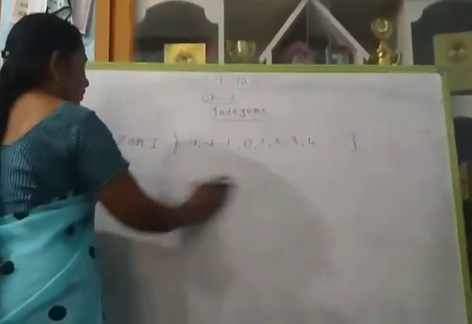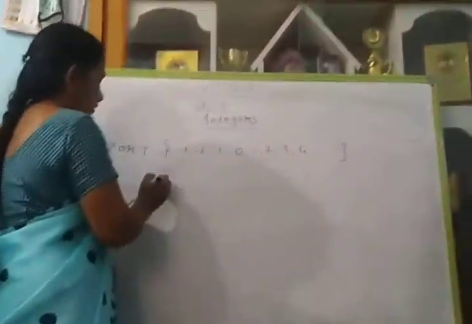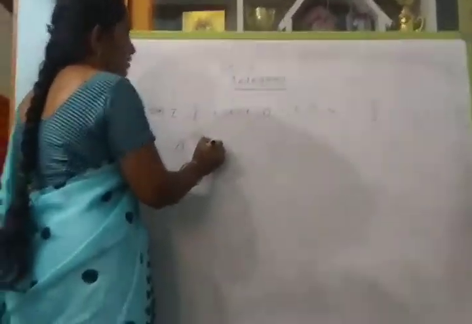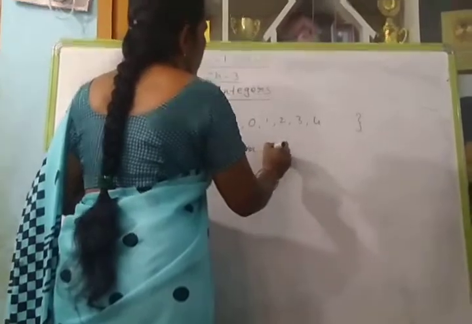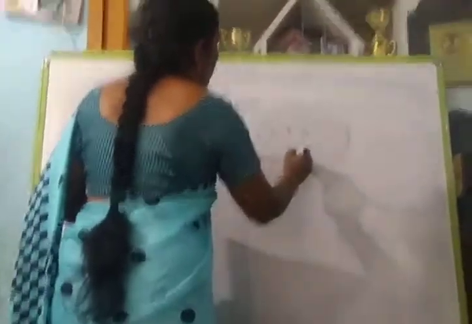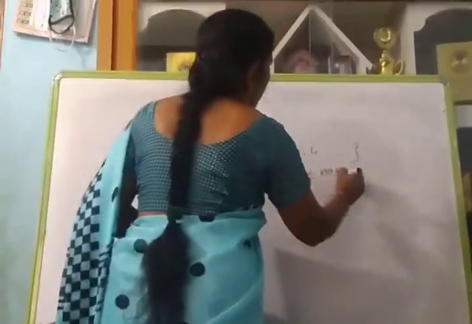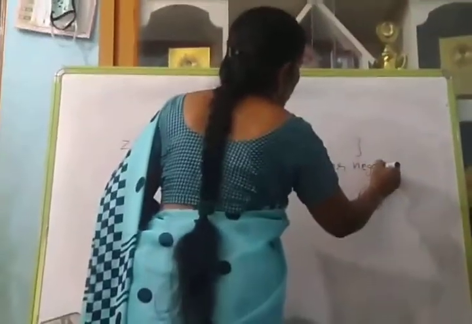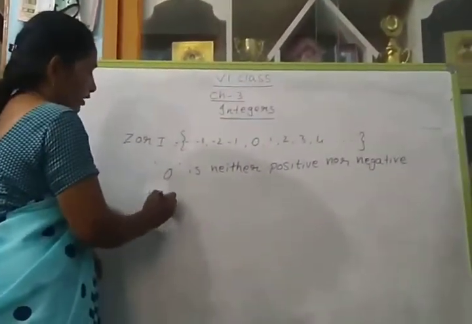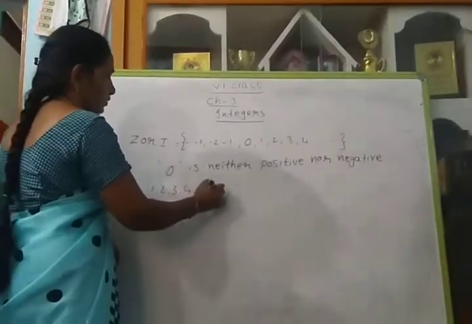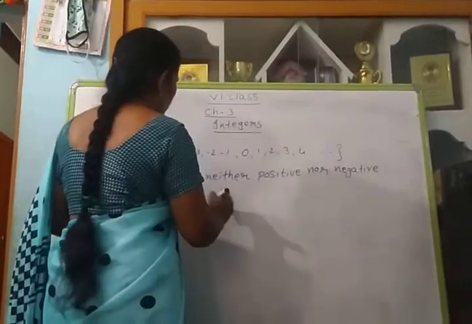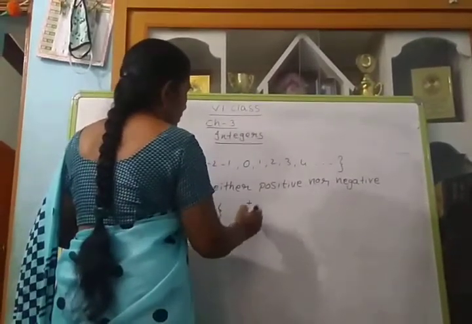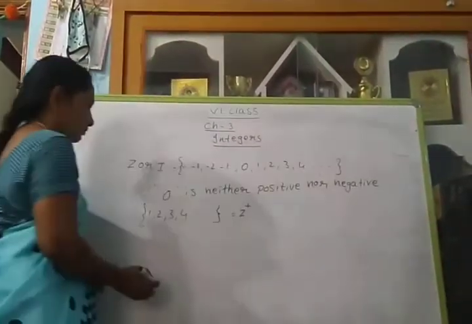Before representing the number line, yesterday I already explained, 0 is neither positive nor negative. If you take only positives, this is known as the set of positive integers, represented by Z plus.